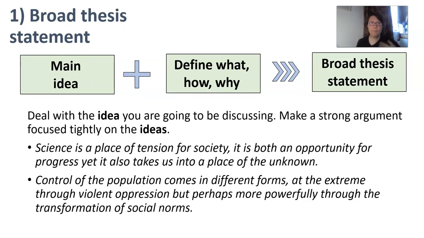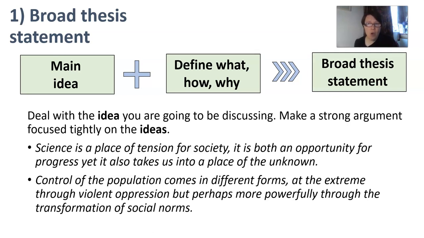All right, let's work out how we do it. Okay, so the first thing you're going to want to write is a broad thesis statement. In order to write your broad thesis statement, you take your main idea, which is the one that you came up with in the introduction, and then you define that in some way. So you maybe need to say what it means or how it's shown somewhere or why. So you deal with the idea that you're going to be discussing.